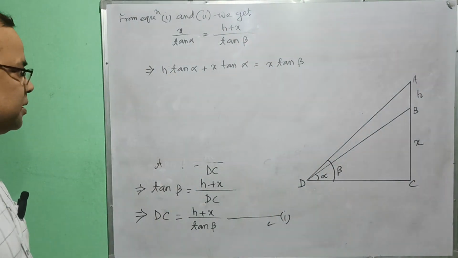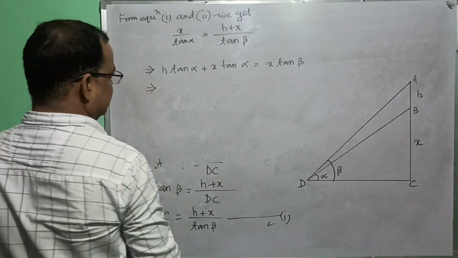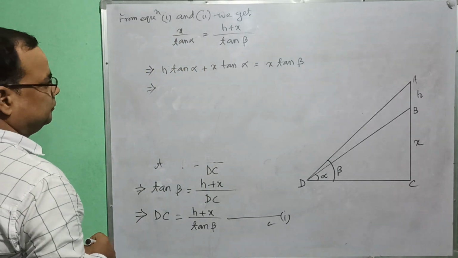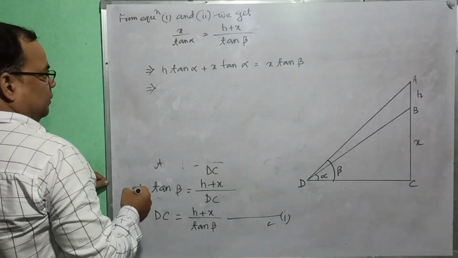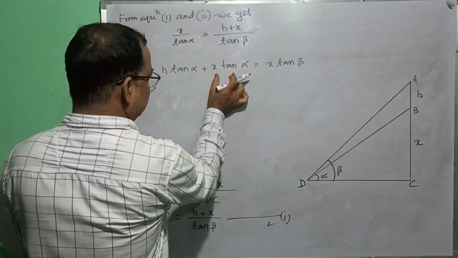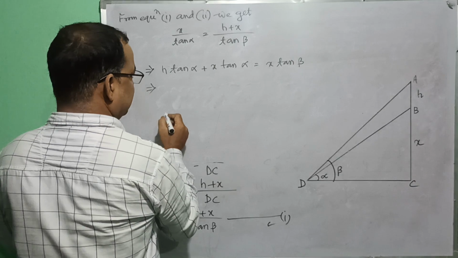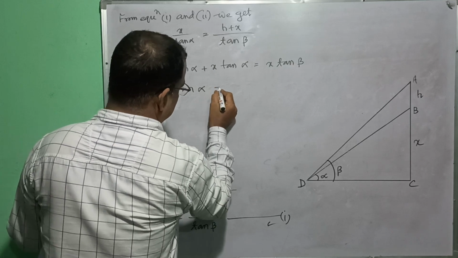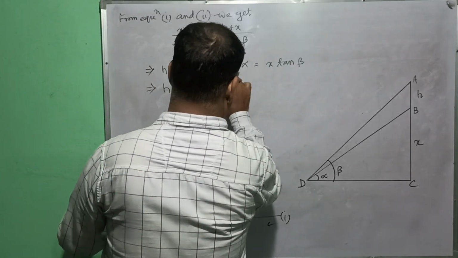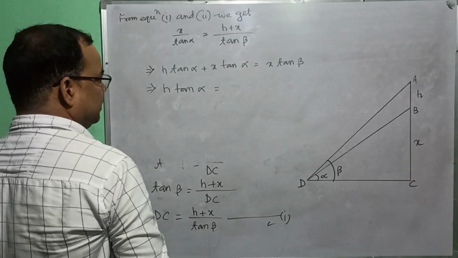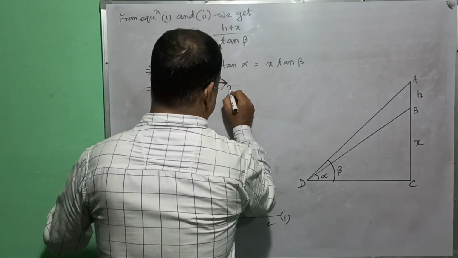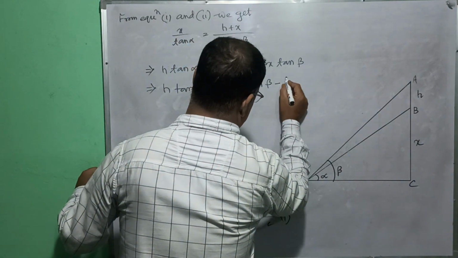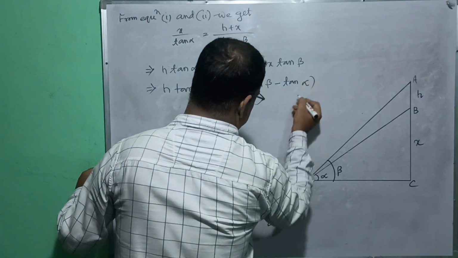This is an easy simplification, we can do it. This implies, now you can see here also x, here also x. We can take it to any side. Let it be taken on the right hand side. So we can write h tan alpha equal to x into tan beta minus tan alpha.